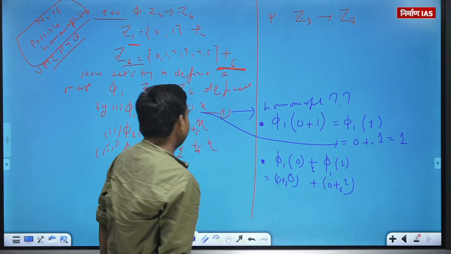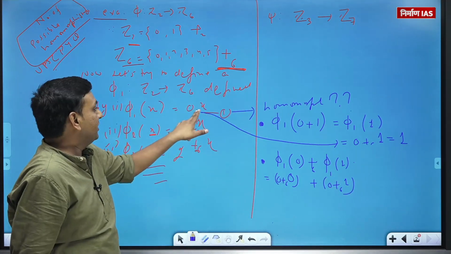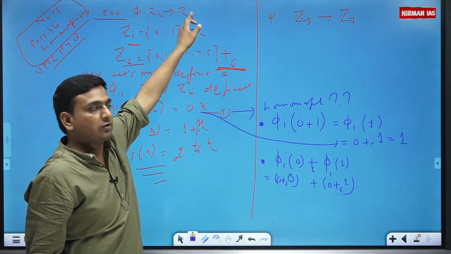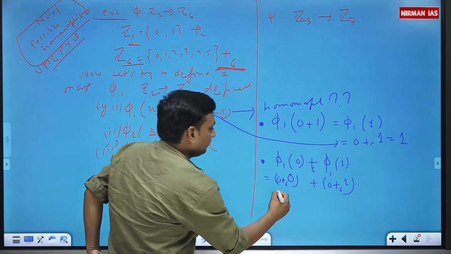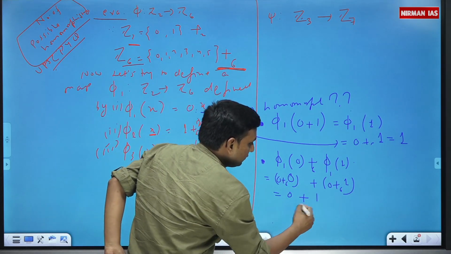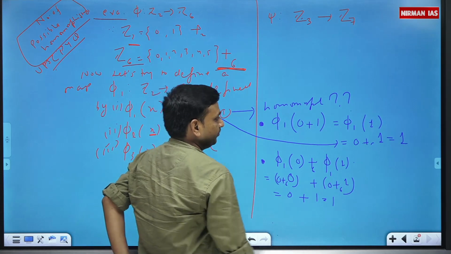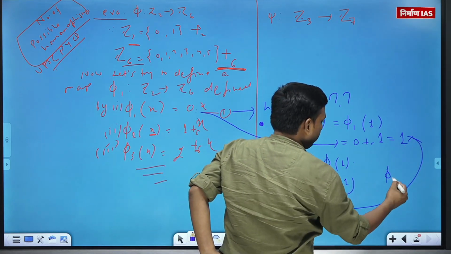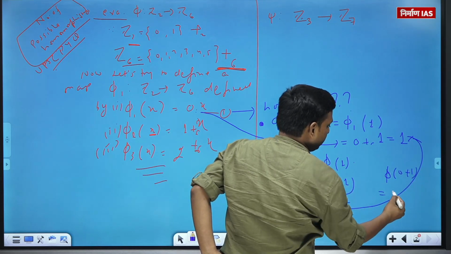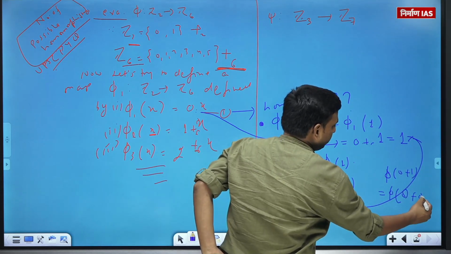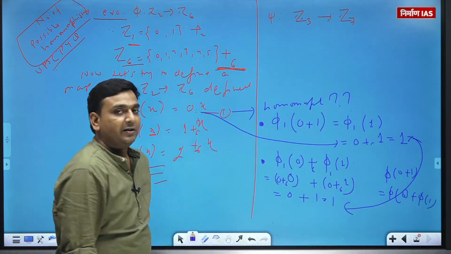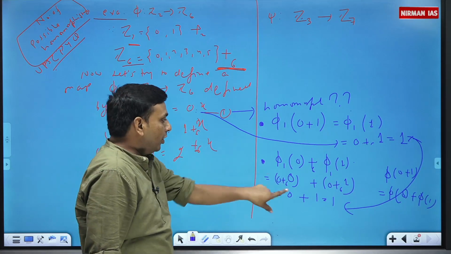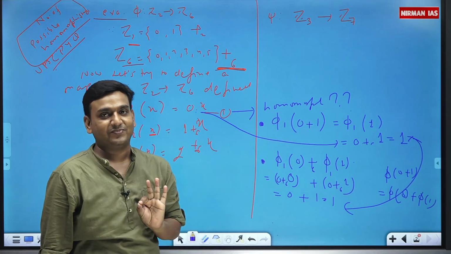Why am I saying into? Just like ax if you define, but this is the operation of the group, and this group has the operation addition modulo 6. So here it will be 0 plus 1, and that is 1 only. So what can you say from this and this? Phi of 0 plus 1 is the same as phi of 0 plus phi of 1. That means phi preserves the operation for these two elements. Is that clear?